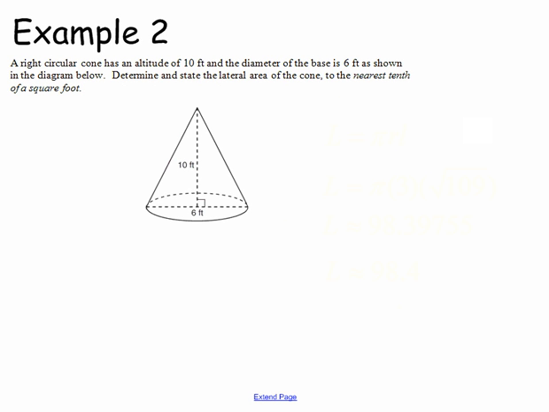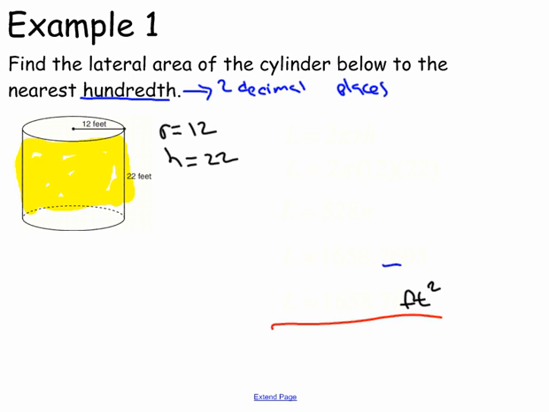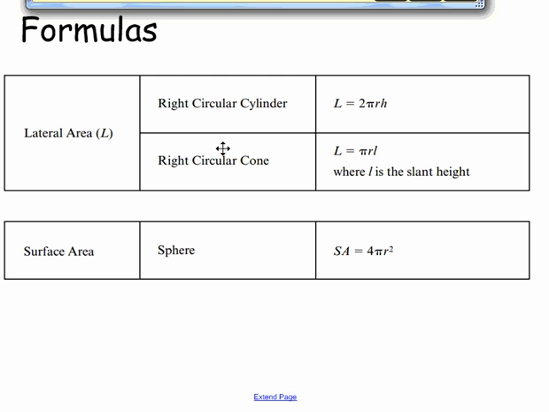Let's look at another example. Example 2 says a right circular cone has an altitude of 10 feet and the diameter of the base is 6 feet as shown in the diagram below. Determine and state the lateral area of the cone to the nearest tenth of a square foot. So if you look at your formula for the right circular cone, if you want the lateral area, it's L equals pi r l, and l is the slant height.